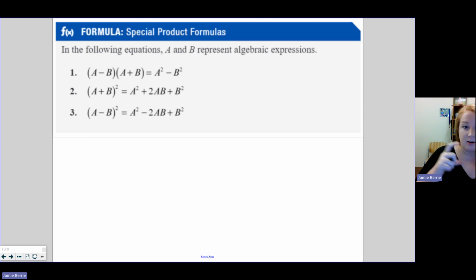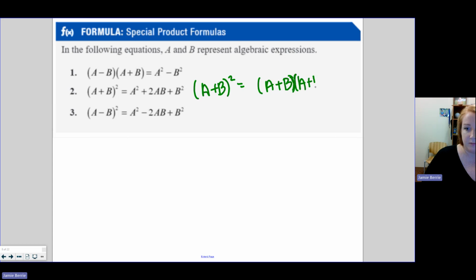A plus B, all in parentheses, raised to the second power. You would really write this out as A plus B times A plus B. And if you FOILed that out, it would get you to A squared plus 2AB plus B squared.